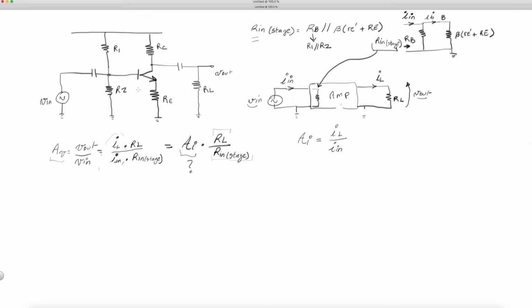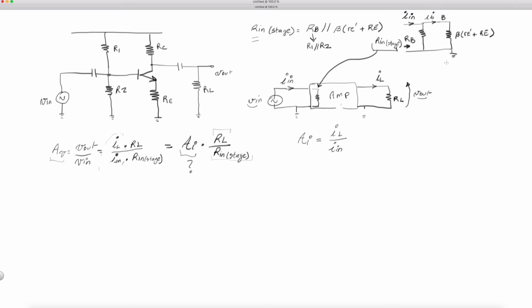Well, we know that since we've modeled it here, Rin at the base in parallel with RB gives you Rin stage. So, let's break it down into several sections.